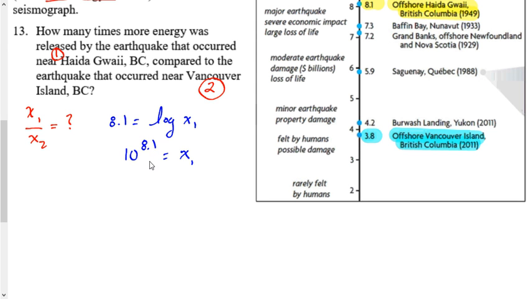Second, we know 3.8 is equal to the log of x2. So 10 to the exponent 3.8 is equal to x2. And now we want to find that ratio of x1 over x2 as we compare Haida Gwaii to the Vancouver Island earthquake. Well, for Haida Gwaii, we had 10 to the 8.1.